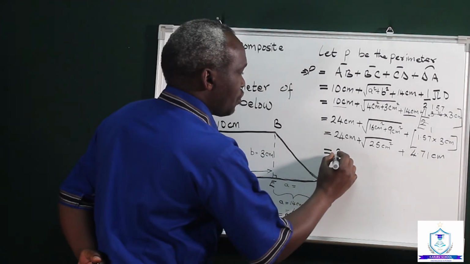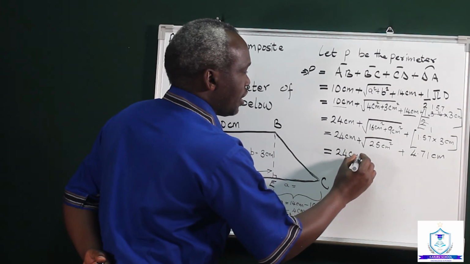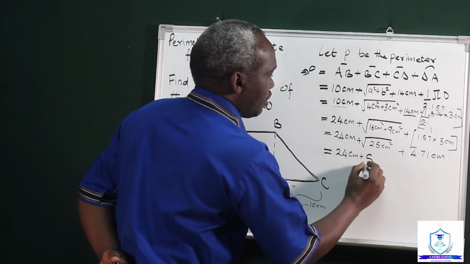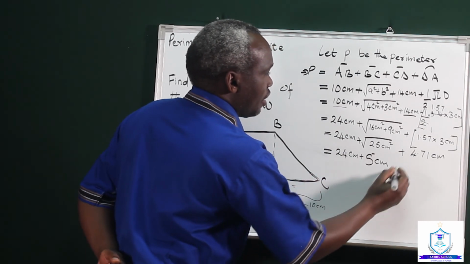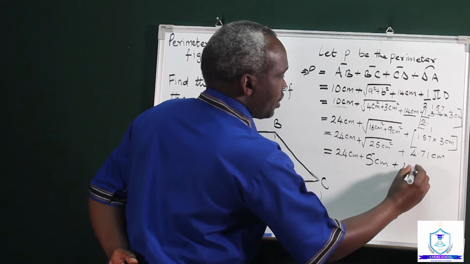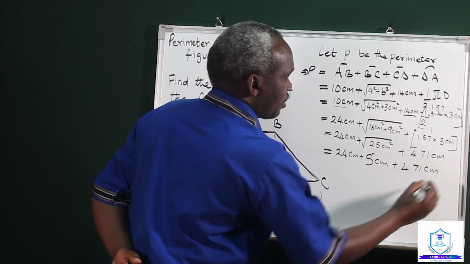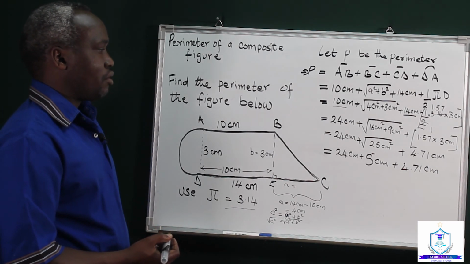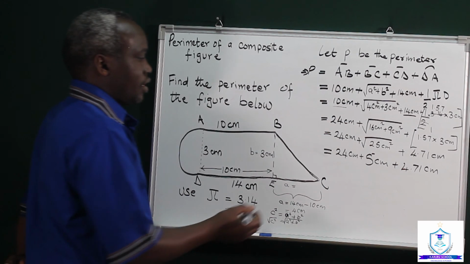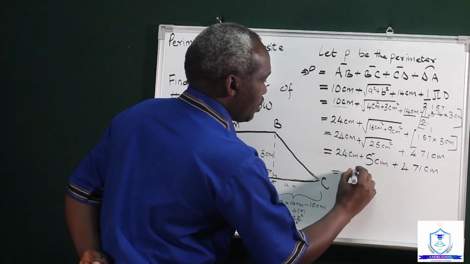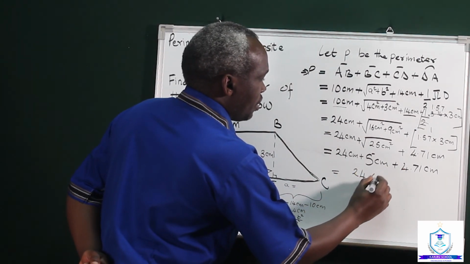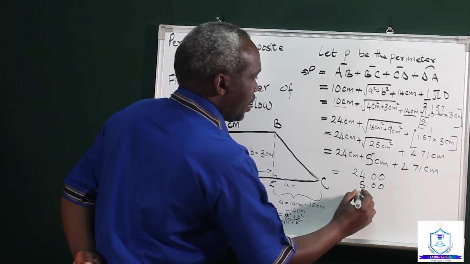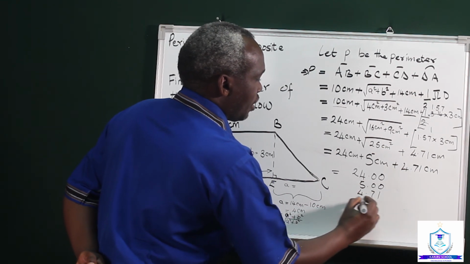We have 24 centimeters plus the square root of 25, which is 5 centimeters, plus 4.71 centimeters. So we can use the long addition approach to add all these values: 24.00 plus 5.00 plus 4.71.